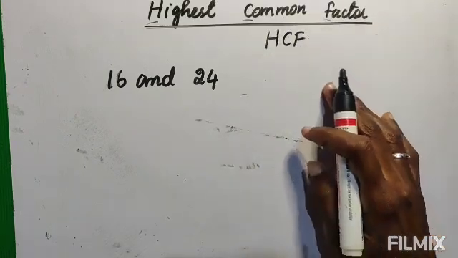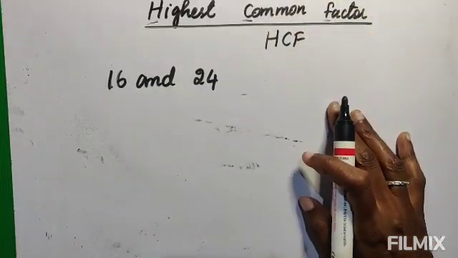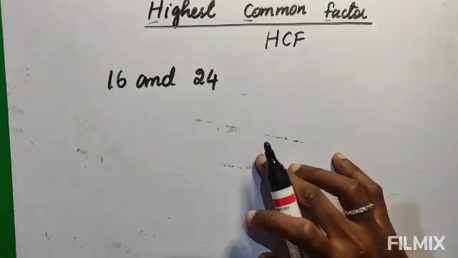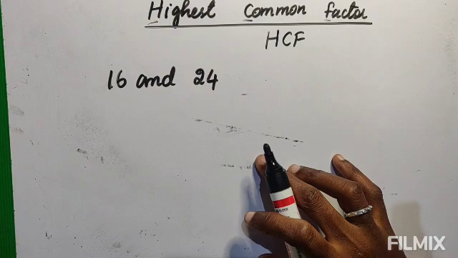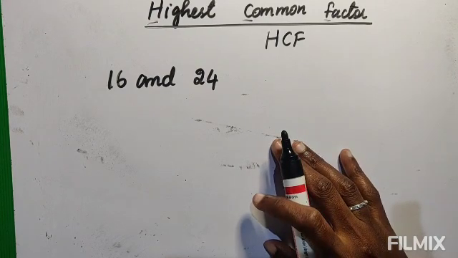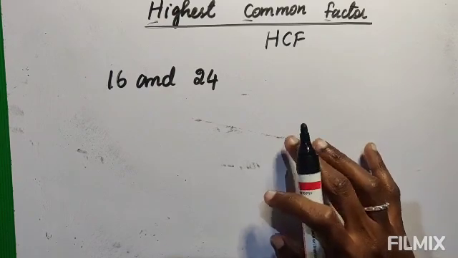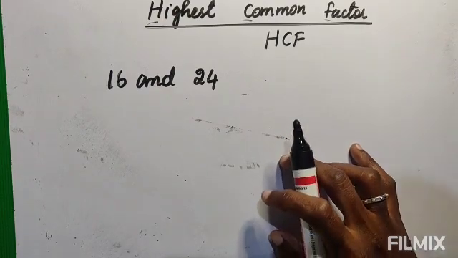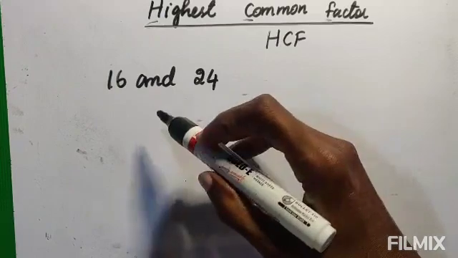In the least common multiple we take the smaller multiple; here we will take the higher factor.